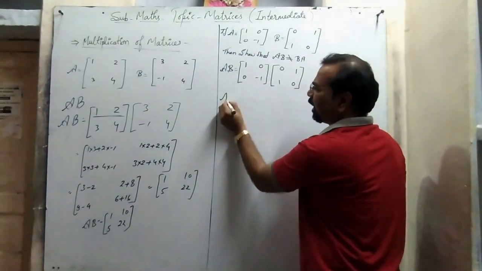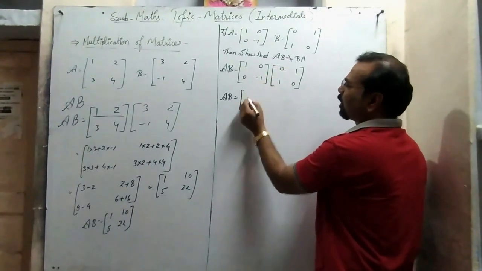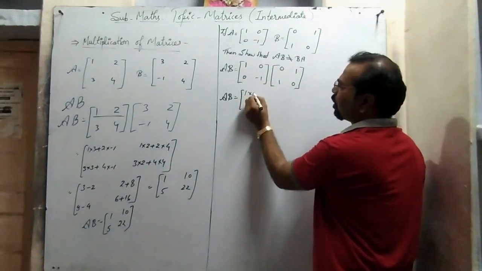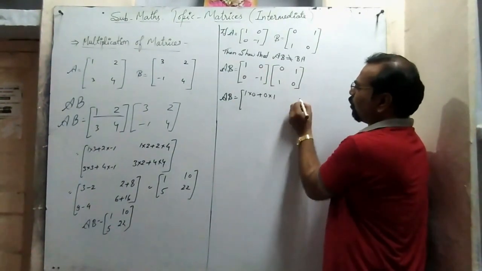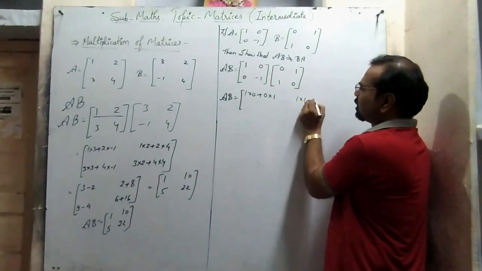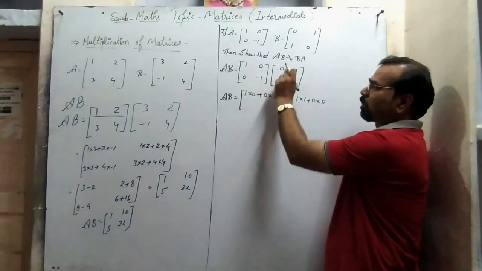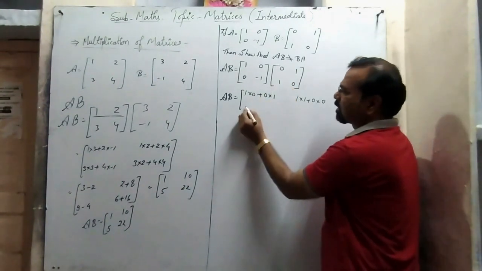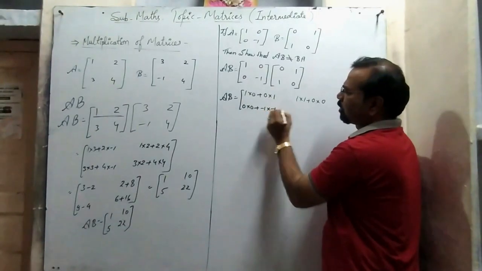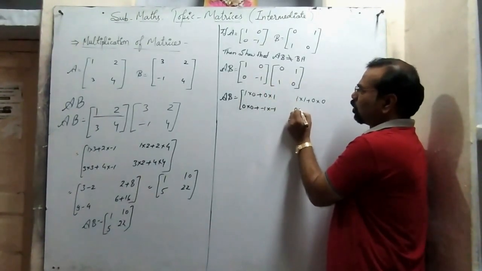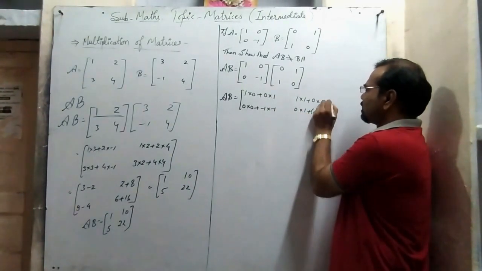So to find AB, first row multiplied by the first column means 1 cross 0 plus 0 cross 1, then 1 cross 1 plus 0 cross 0. Then the second row is multiplied by the first column, means 0 cross 0 plus minus 1 cross minus 1, then 0 cross 1 plus minus 1 cross 0.